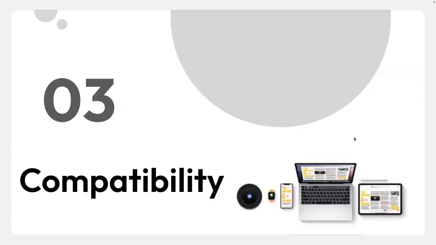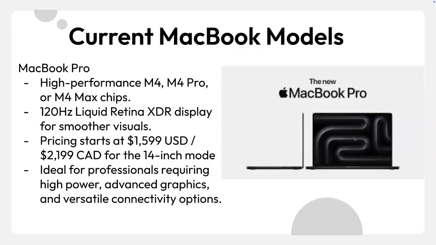And then the MacBook Pro is the one I use for my programming and coding, and what I'm on right now. It has a high performance M4, M4 Pro, or M4 Max chip, which is another way of saying, okay, this is the entry level chip, this is the more advanced level chip, and then there's more advanced after that. Honestly, I don't notice too much of a difference.